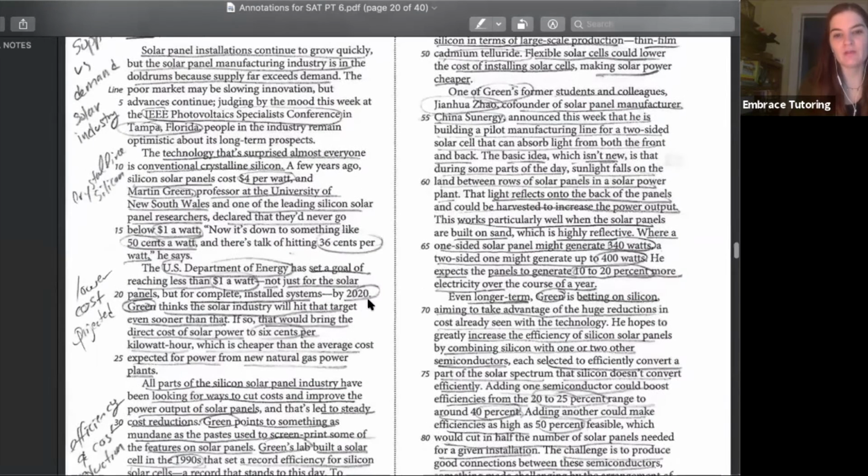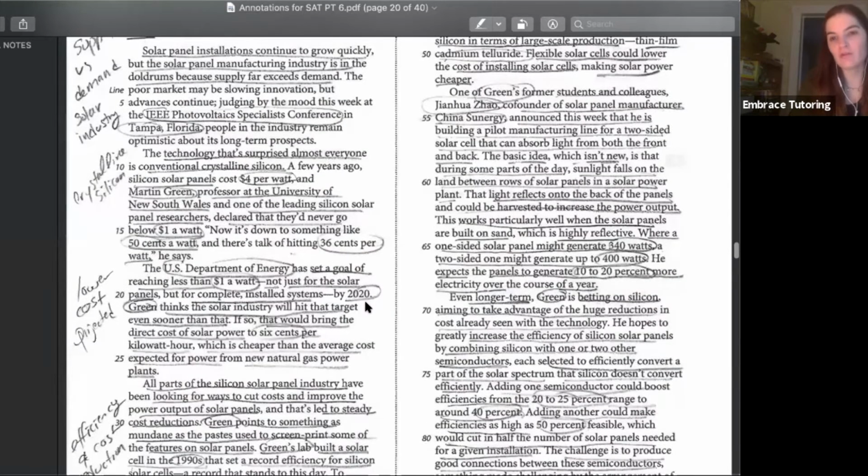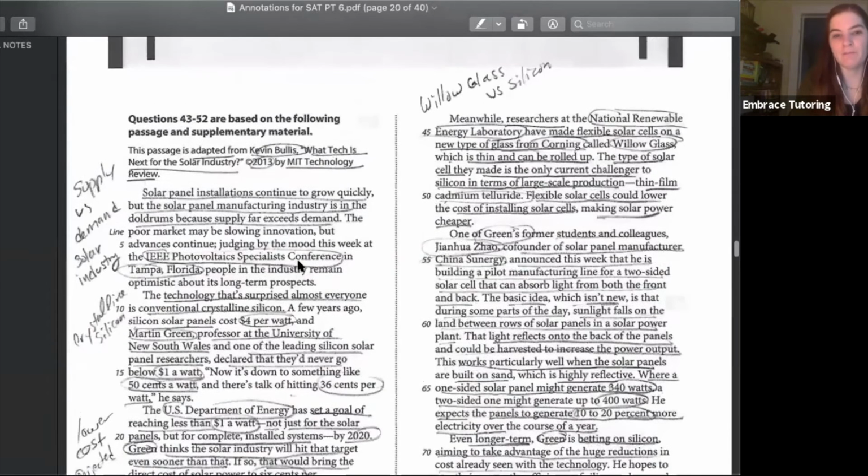But remember too that the years you should be circling. Anytime you see a number or proper noun or name, you should be circling it. And then you should be underlining, at the bare minimum, your topic sentence, your concluding sentence, and any key words that you see in a particular passage.